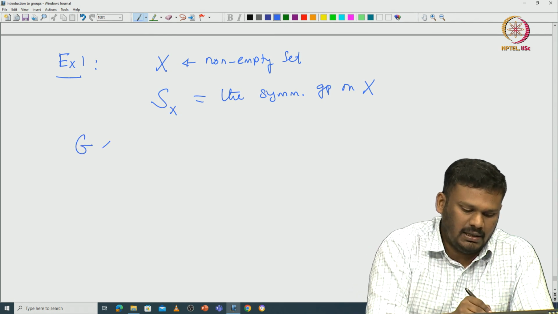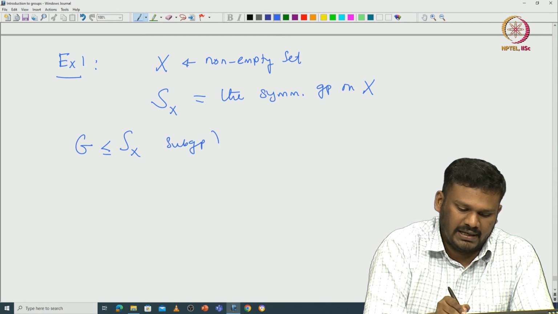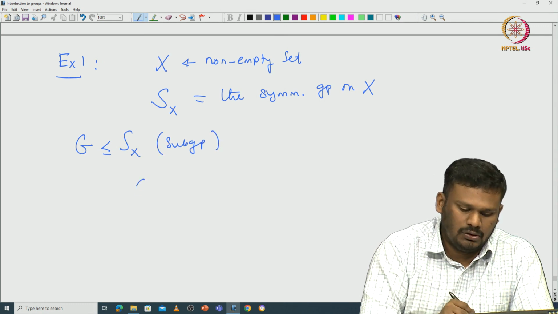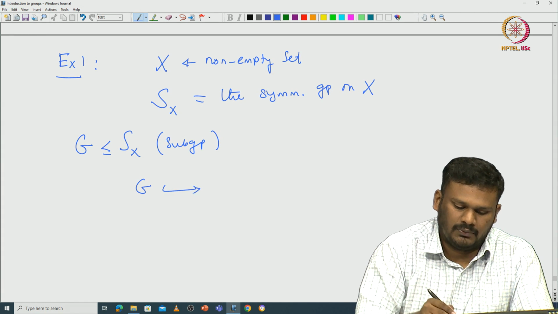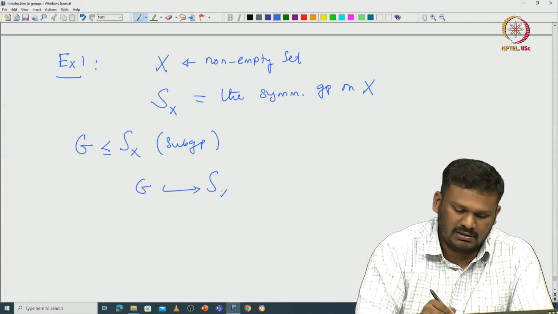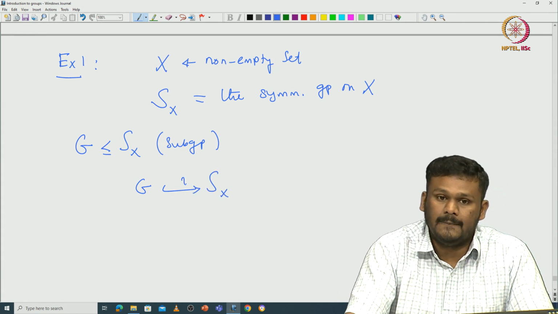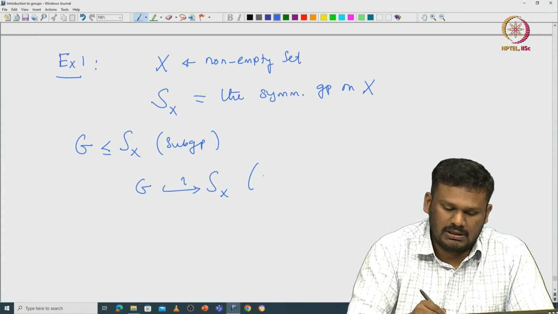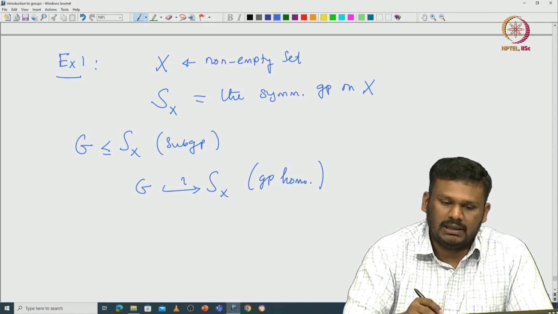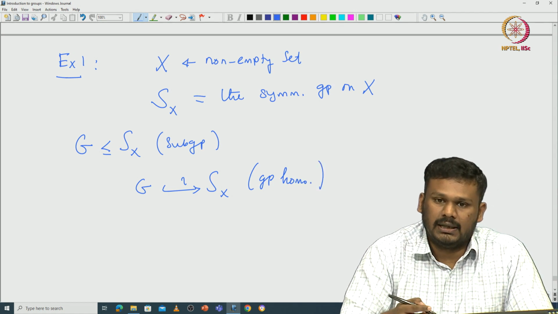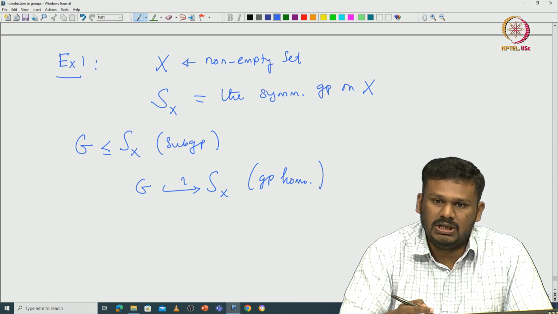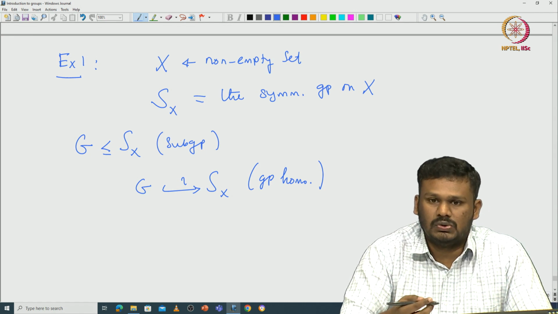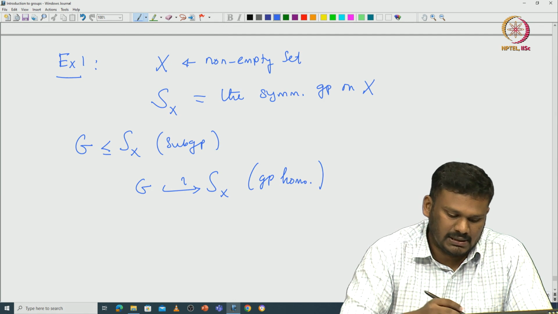So, you take any subgroup G of Sx, for example, you can take Sx itself, then you have this inclusion from G to Sx. Let us call it iota. This inclusion is obviously a group homomorphism. So, in particular you can get an action of this G on X via this inclusion. How is it acting?